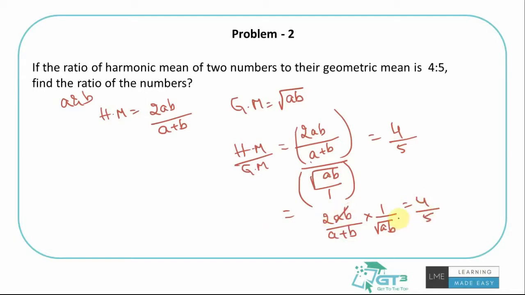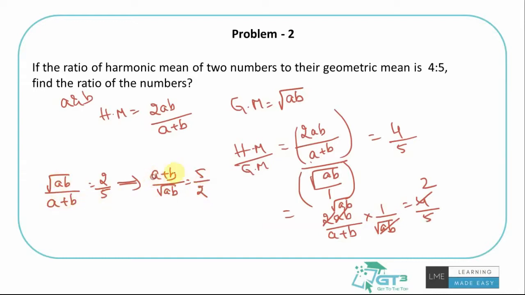I cancel this, I'll get square root AB. Let me cancel 2 and 4 as well, 2 2s. So I'm ending up with square root AB by A plus B as 2 by 5. Let me now write the reciprocal of this. That is A plus B by square root AB should be equal to 5 by 2.